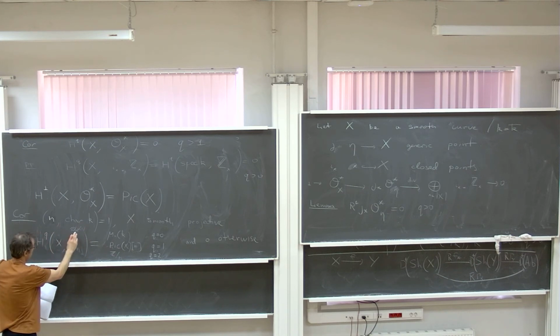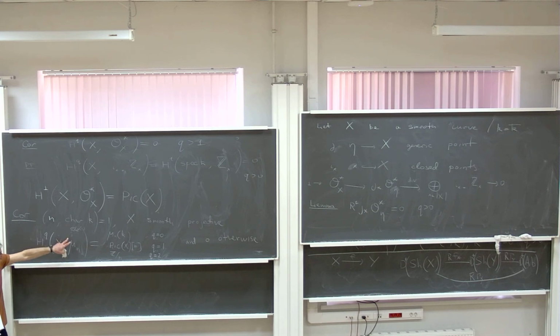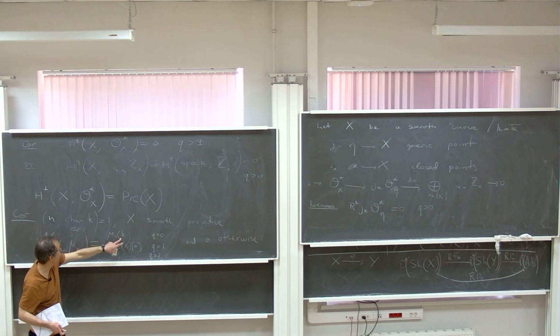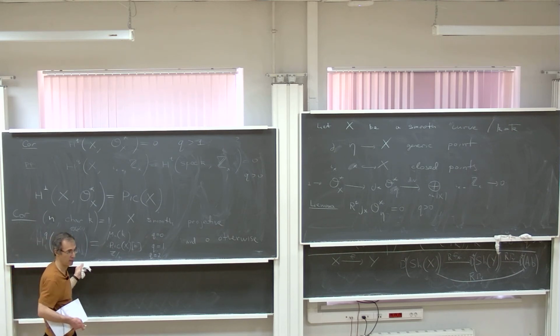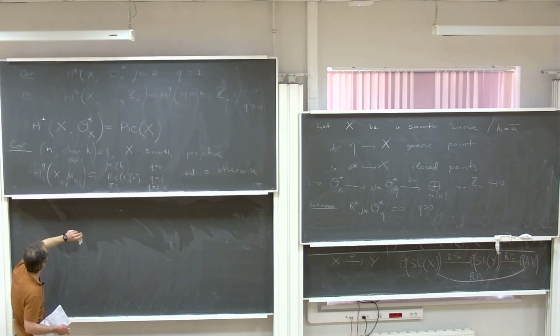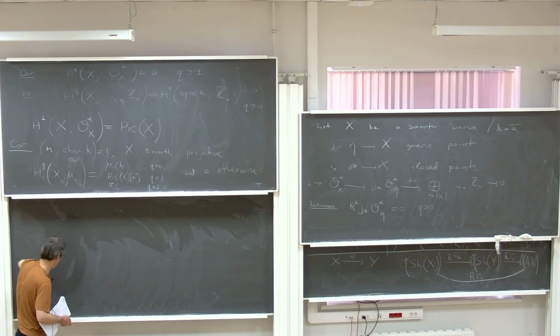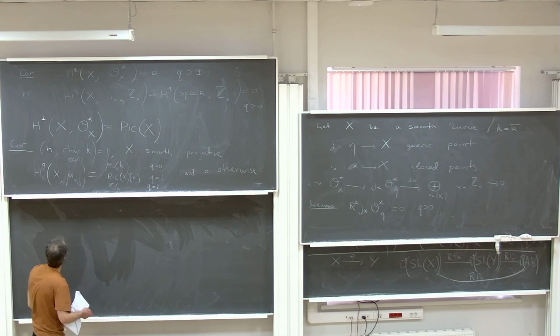That's just notation. As a sheaf, if my base field K is algebraically closed, it has roots of unity, then this sheaf is non-canonically isomorphic to Z mod n Z. It's just a constant sheaf. This twist does not do anything. When your field is not algebraically closed, then it's different.